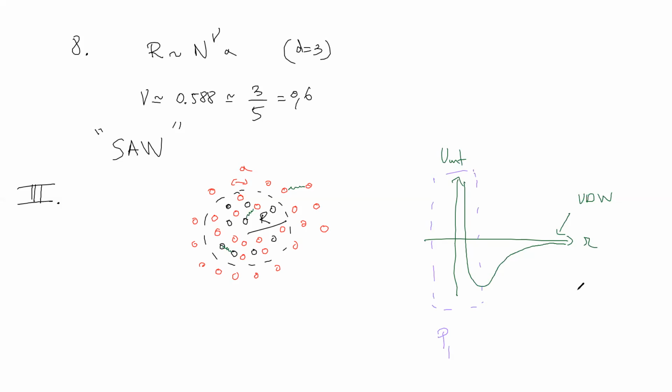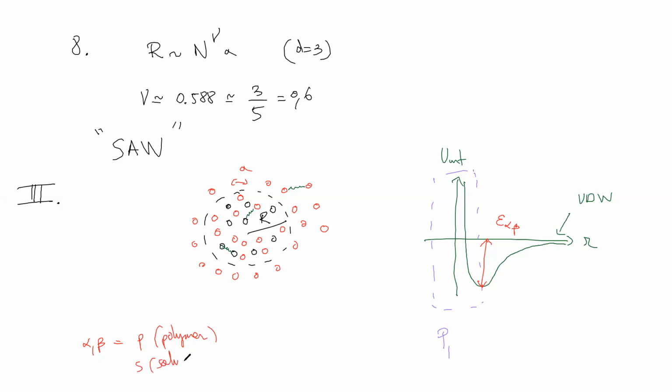We can describe any such potential by a typical energy. This is a cohesive energy, and we call that epsilon alpha beta. So alpha and beta can belong to either P for polymer or monomer, or S for solvent.